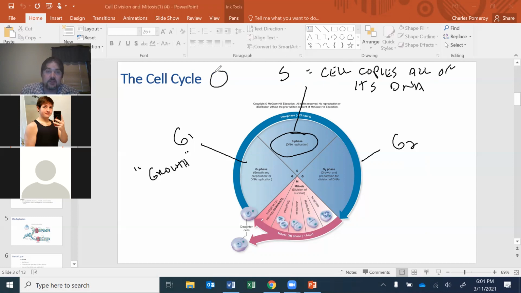So the cell is going to start out with 46 chromosomes. During S phase, it makes a copy of the entire book. And then it's going to send one copy into this cell and send the other copy into that cell.